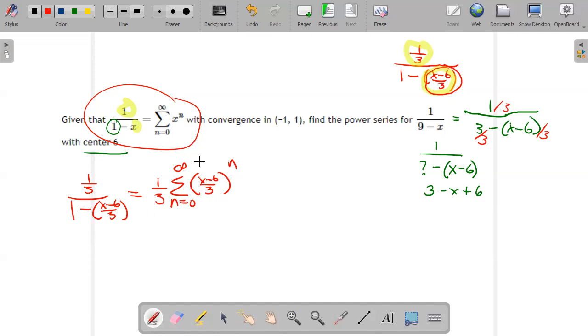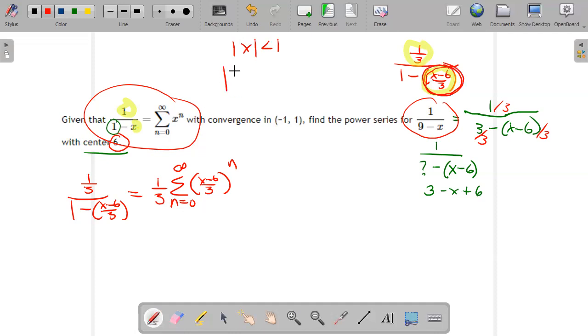So this is my new power series now. And what we should find is if we graph the first few terms of this and we graph that, they'll match up near x equals 6. Next, we need to find the radius. There's two ways to find the radius of convergence. We could use the fact that we did a substitution. So originally we had the absolute value of x is less than 1, but we replaced that x with that.